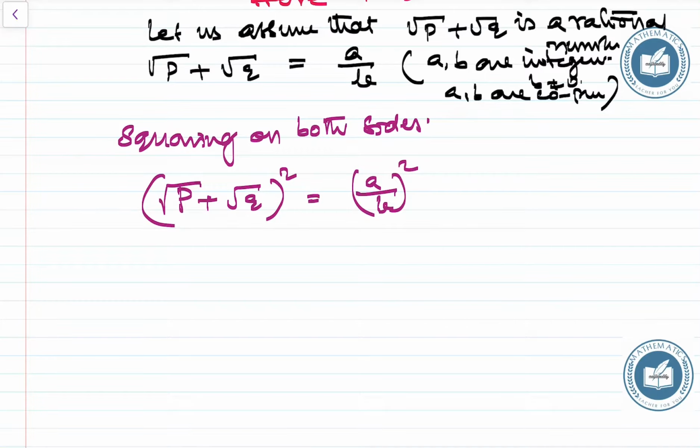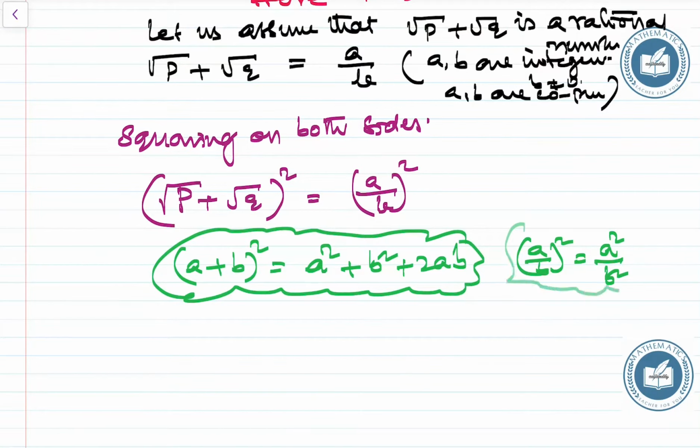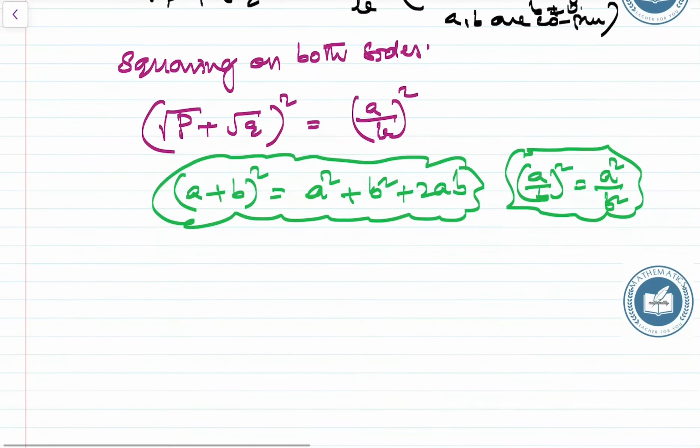So now you can write, (root p plus root q) whole square is equal to p plus q plus 2 root pq, and (a by b) whole square equal to a square by b square. Root p whole square is p, root q whole square is q.